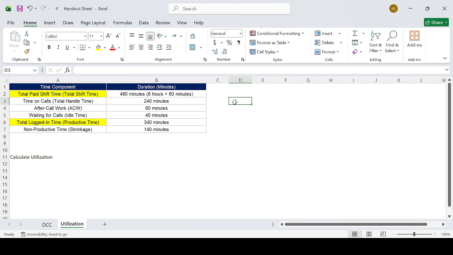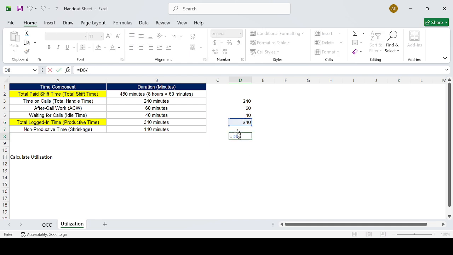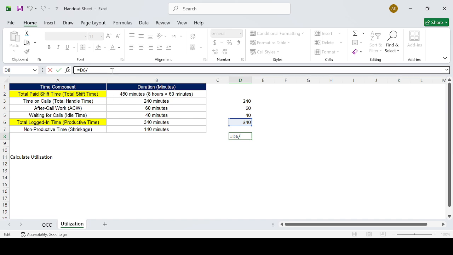Let's sum up these numbers here. 240, and we have also after call work, that's correlated matter, 60 minutes. In the utilization, we are going to include the waiting time, which is 40 minutes. So we can sum up these numbers. It gives us 340 minutes.